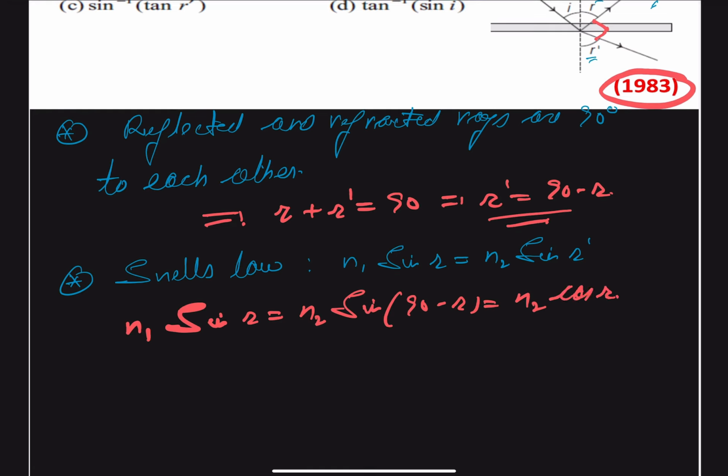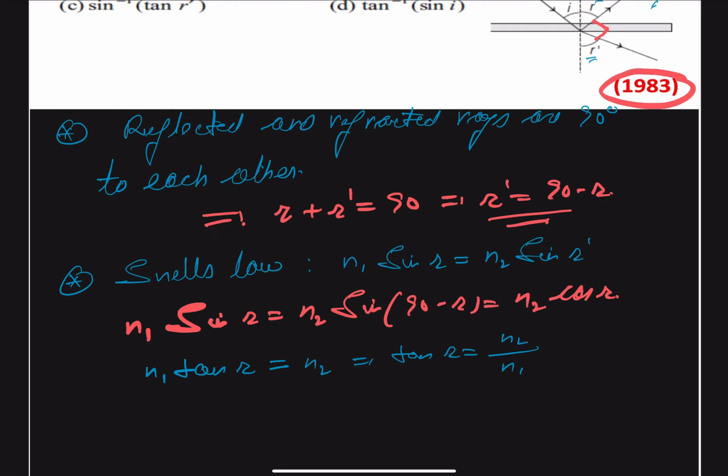We can write this in the form of tangent: n1 tangent of r is equal to n2. This gives us that tangent of r is equal to n2 by n1.